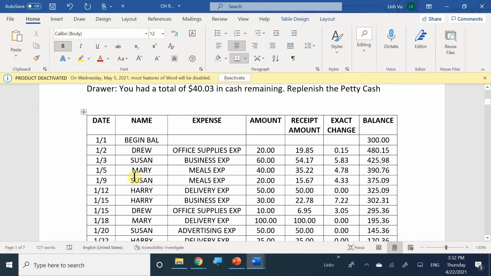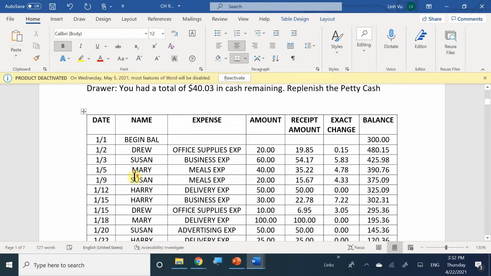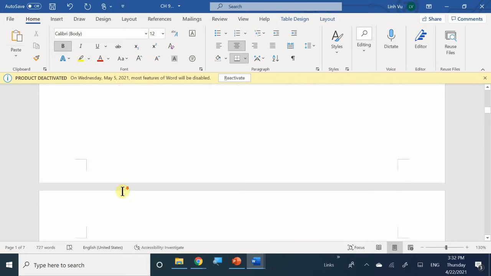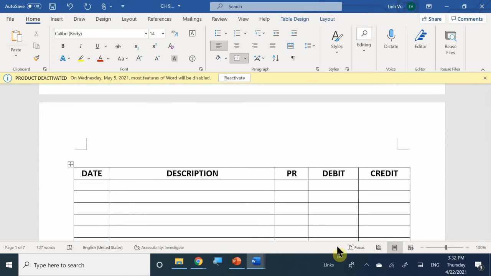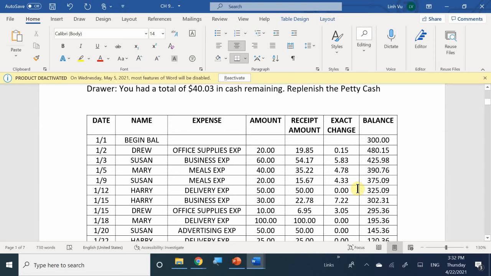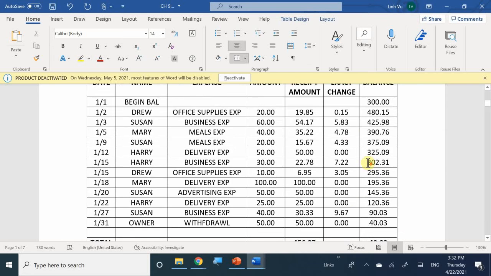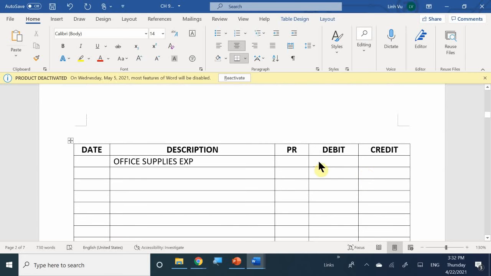What's the first expense we encountered? Drew buying office supplies, and we gave him $20. Office supplies expense is something we're going to recognize. We gave him $20, but how much office supplies did he actually purchase? $19.85.